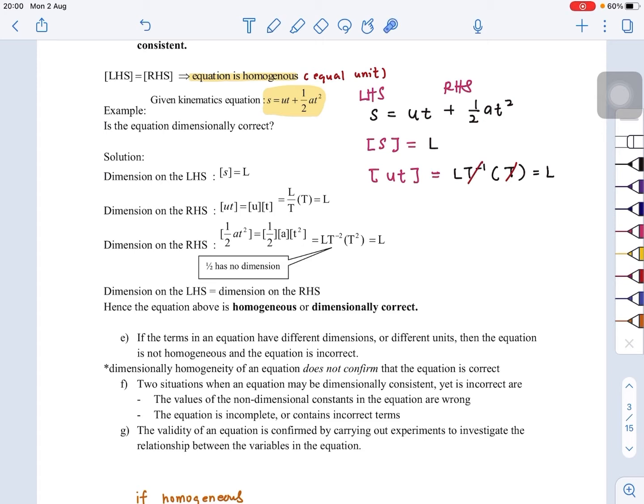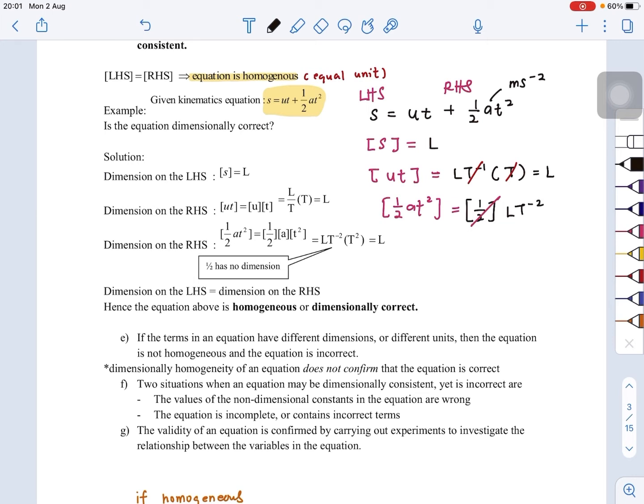And then next one, kita akan tengok this one. 1/2 AT square. Okay, so basically 1/2 dia adalah just number. So 1/2 ni sebenarnya tiada dimension, we actually don't need to write it down. It's okay. And then we have acceleration. So acceleration meter per second square kan, which is L per T square.